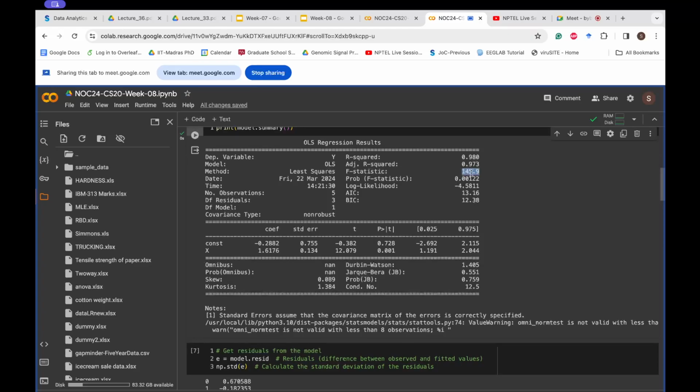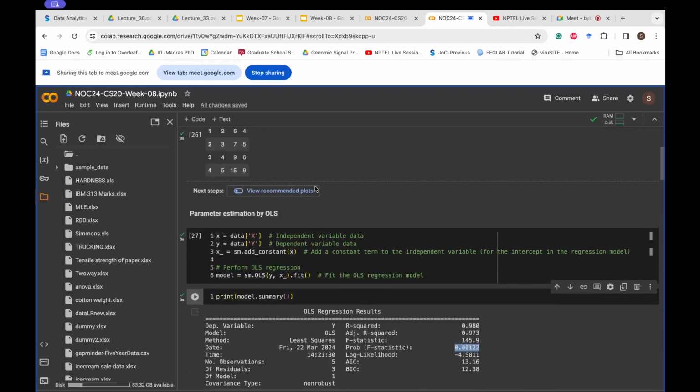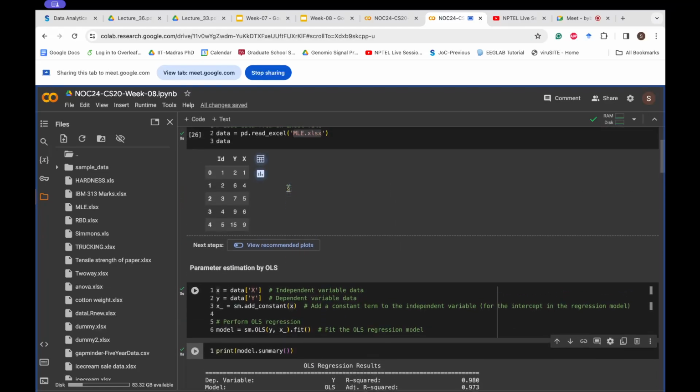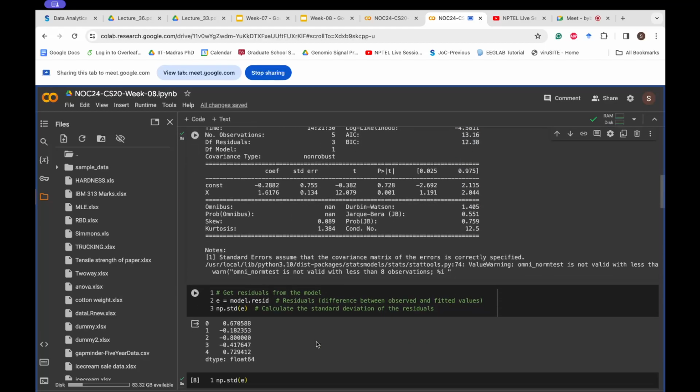So the higher the f value, the higher are the chances of rejecting the null hypothesis. Okay, so this was about linear regression, fitting a line using the ordinary least squares method.